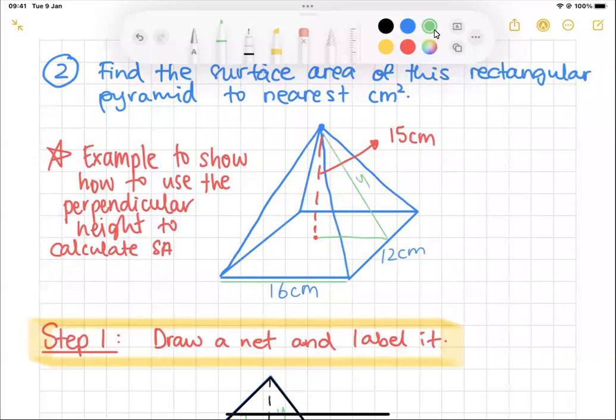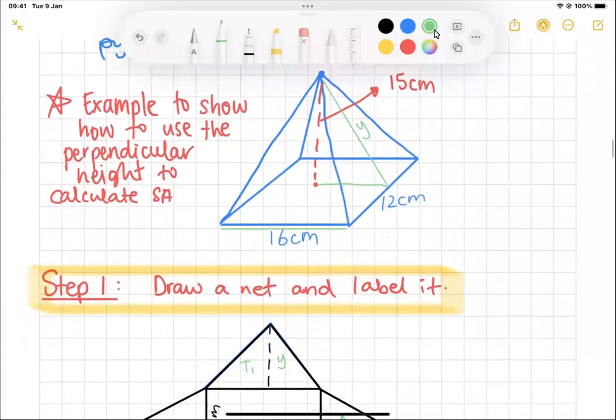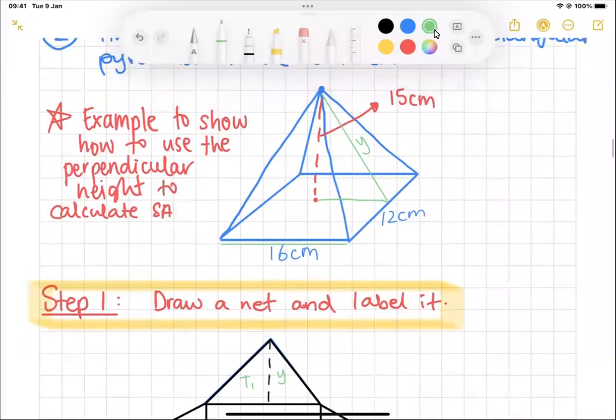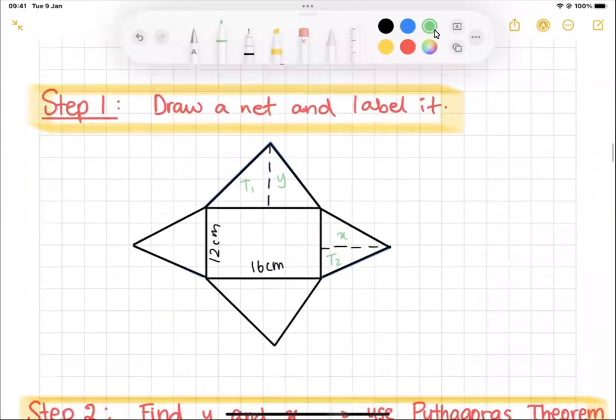So I want to label this as Y, right? That's what we're labeling here. So this is Y. What is half of 16? Half of 16 is 8. The perpendicular height is 15. So we've got two informations to figure out what Y is, right? That's enough. So let's try and label it.